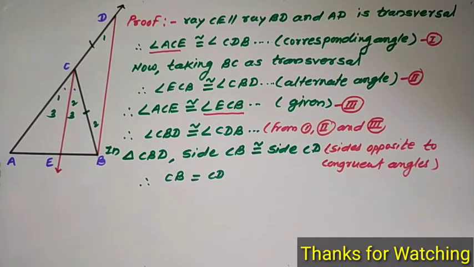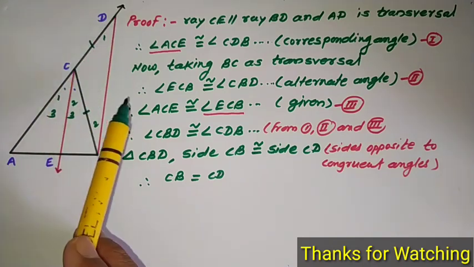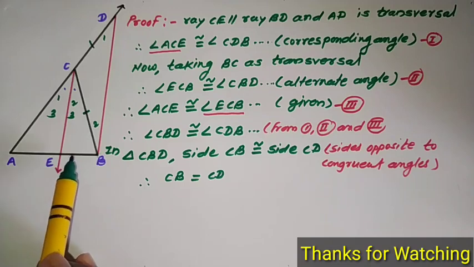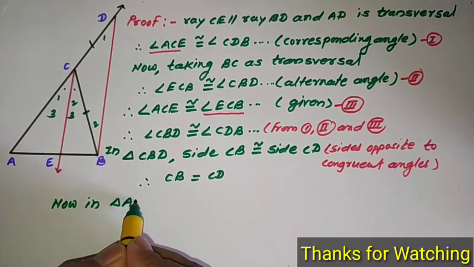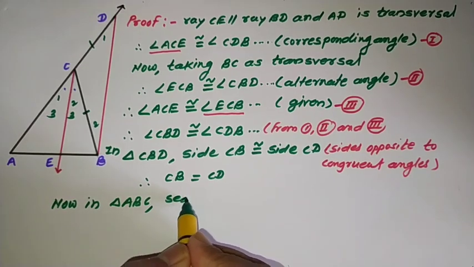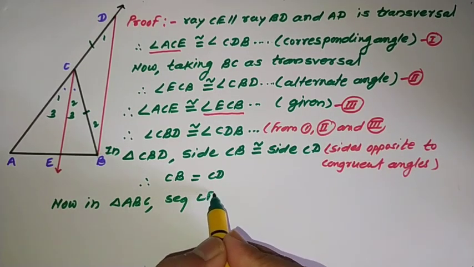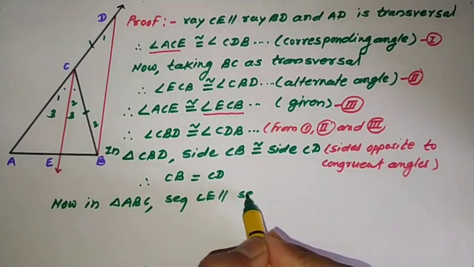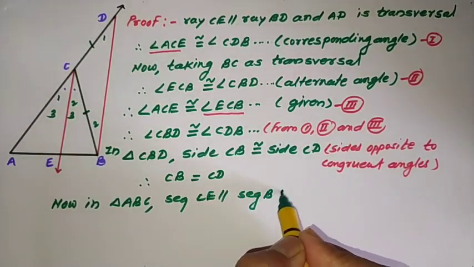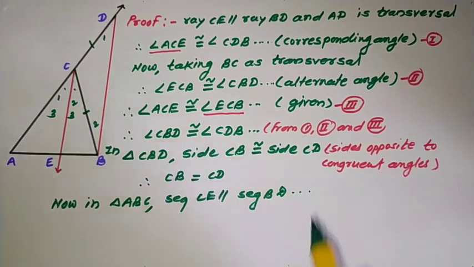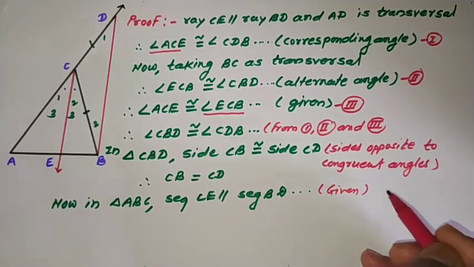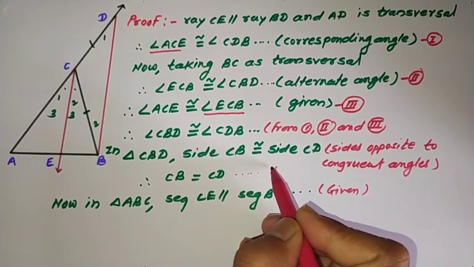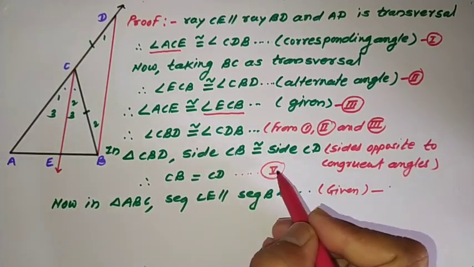Now, in triangle ABD, segment CE is parallel to segment BD. This is given. This is statement four, and this is the fifth.